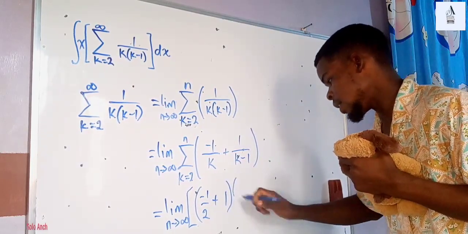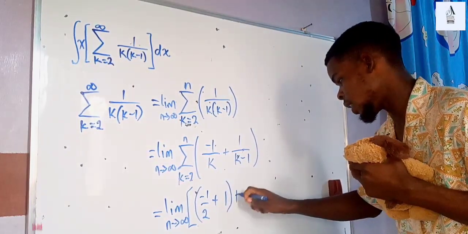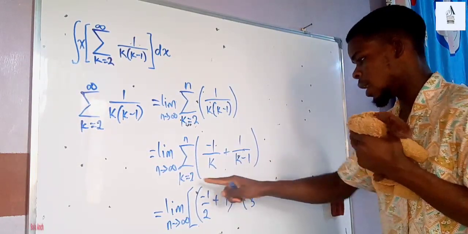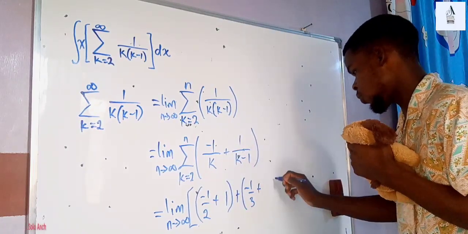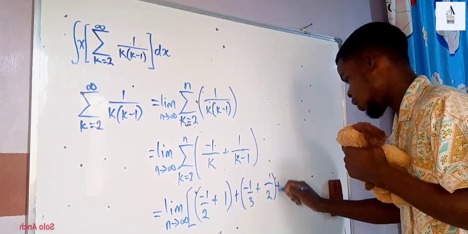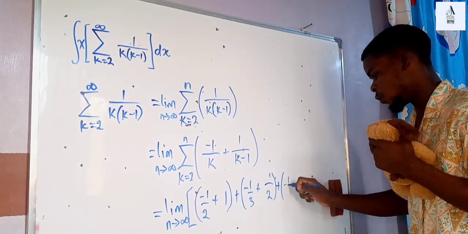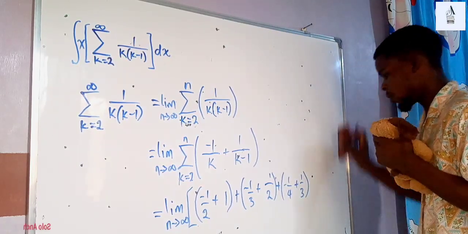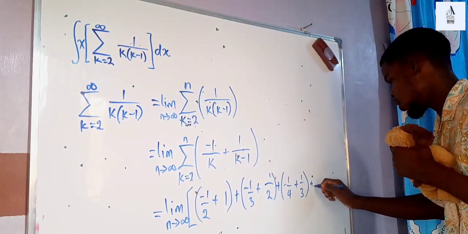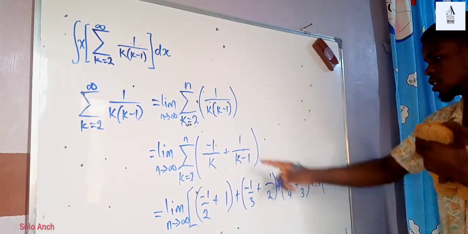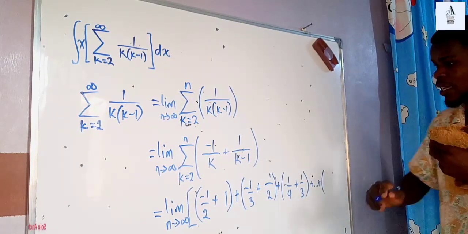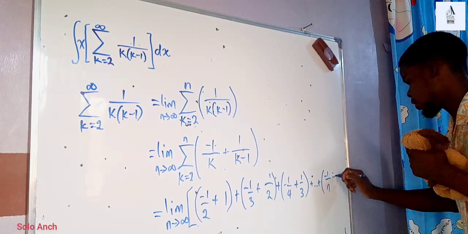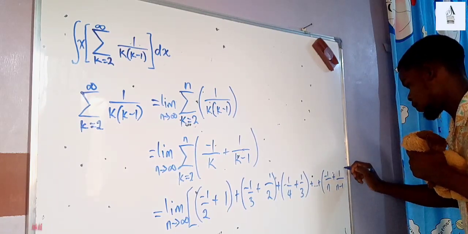And then when k is 3, we're going to have negative 1/3 plus 1/2. We continue. When k is 4, we're going to have negative 1/4 plus 1/3. We're going to add them up till we get to the term when k is n, from 2 to n. So we're going to have negative 1 over n plus 1 over n minus 1.